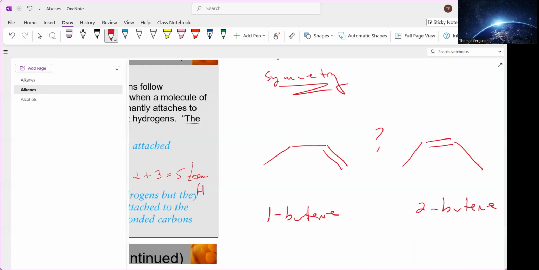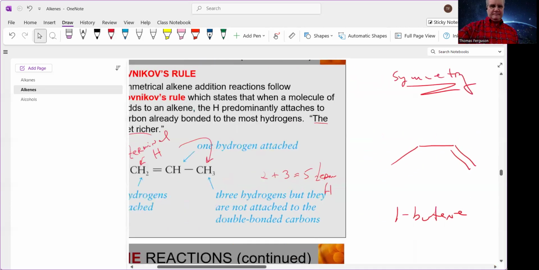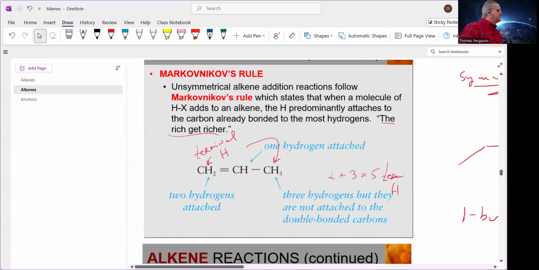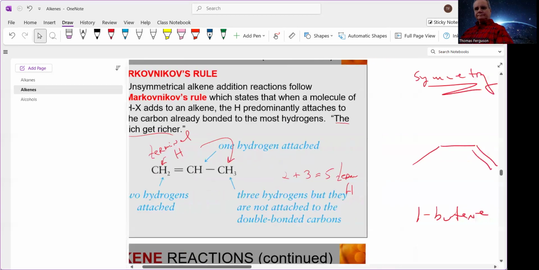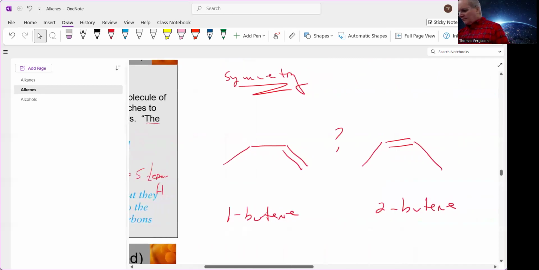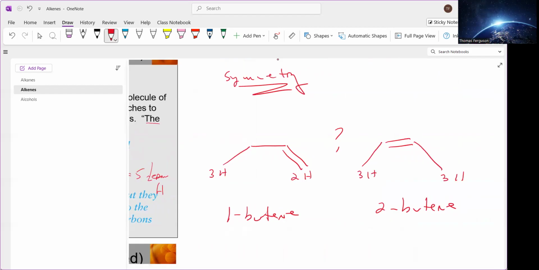Reason number 2 has to do with Markovnikov's rule. There you count the hydrogens on the end. The more hydrogens, the more stable. So this has got 3 hydrogens, 2 hydrogens. 3 hydrogens, 3 hydrogens. 6 versus 5, 6 wins.